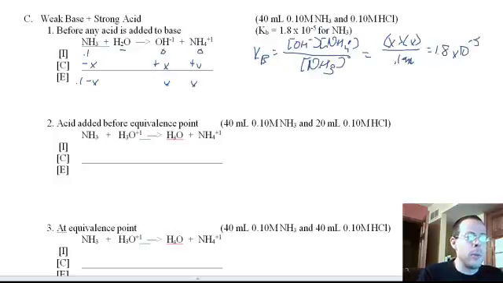So we're going to multiply by 0.1, take the square root of it, and we're going to find that X equals 1.34 times 10 to the negative 3rd.